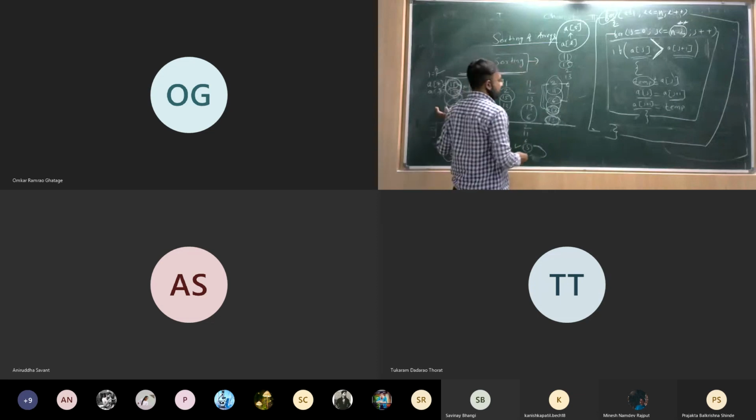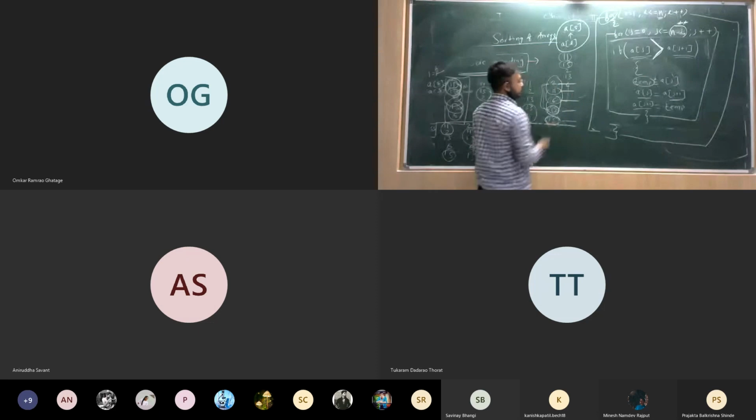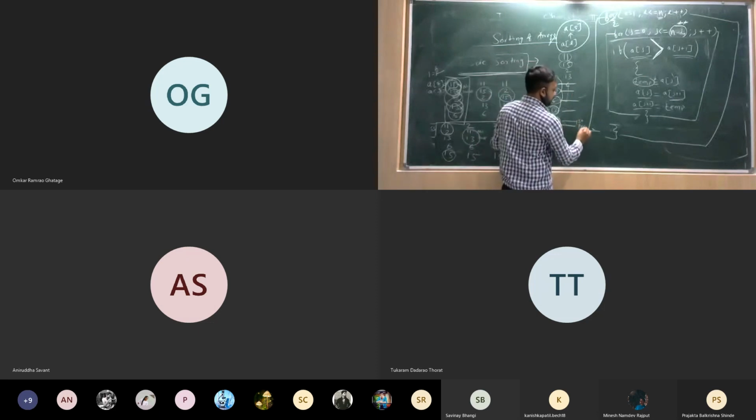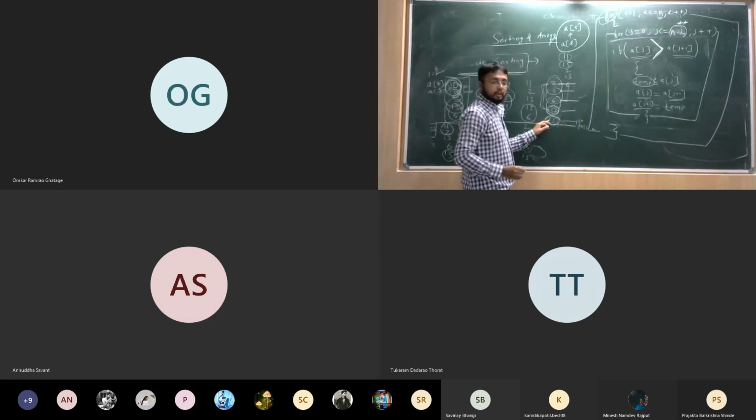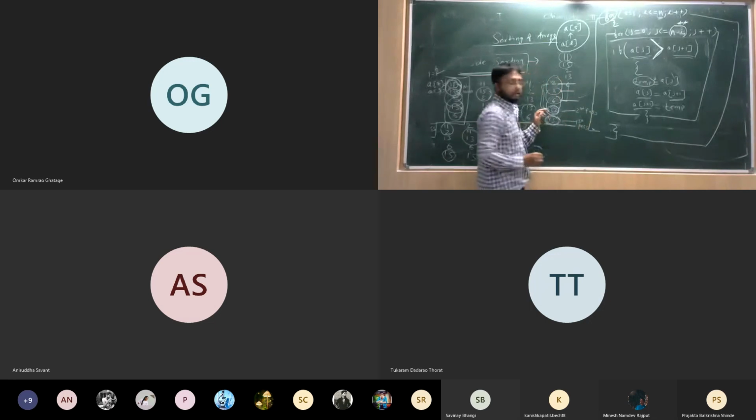So these depend on the pass. First pass, second pass, third pass, fourth pass, and fifth pass. At the first pass, the bottom number would be the largest. At the second pass, the second largest number is at the second last position.